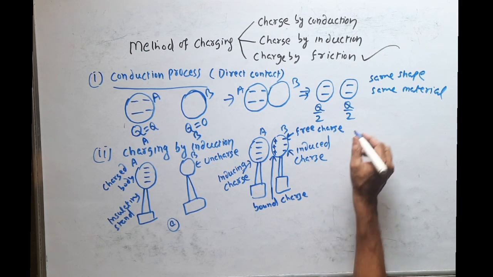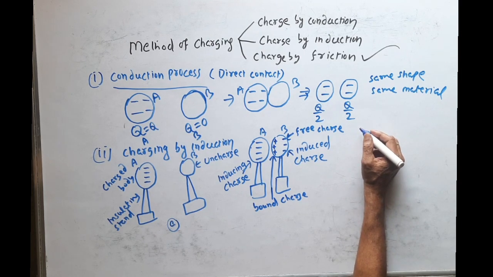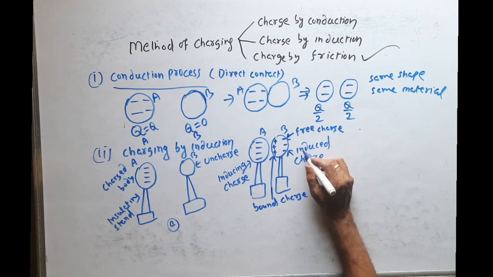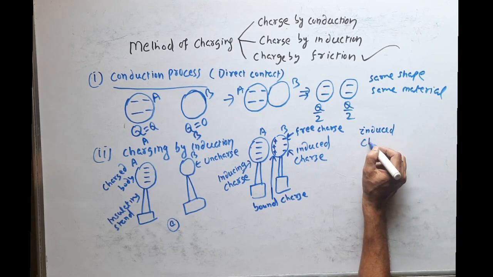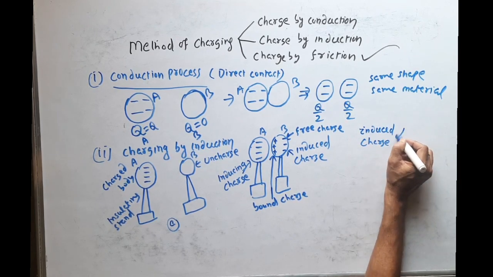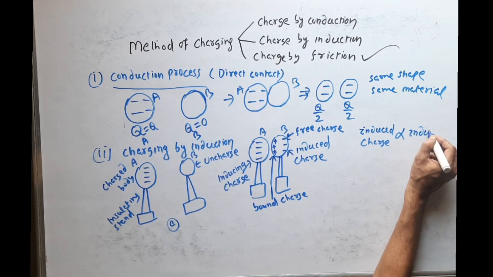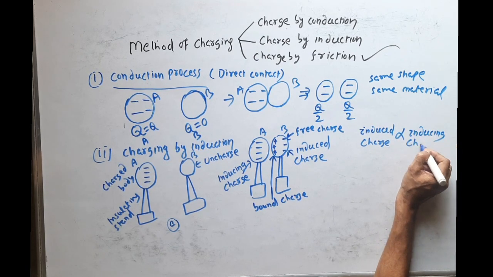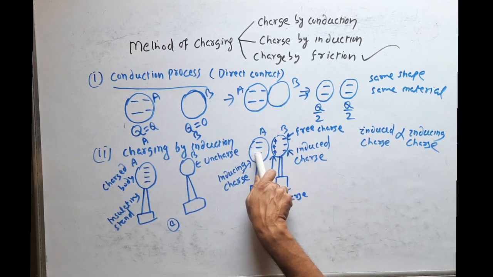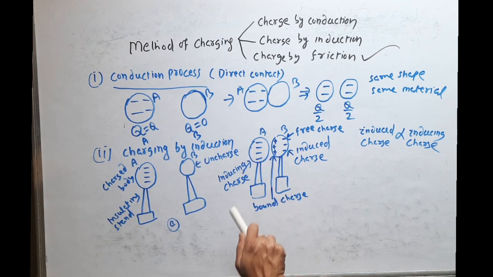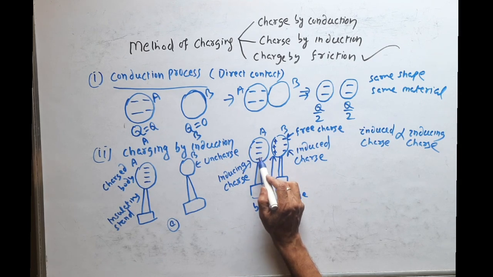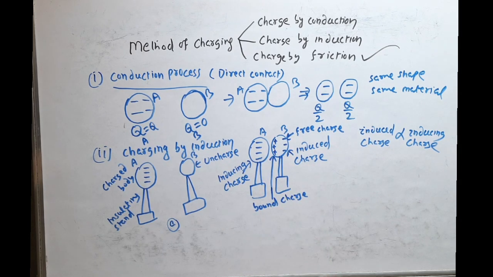There is a property that the value of induced charge is directly proportional to the amount of inducing charge. If inducing charge is more, induced charge is also more. If inducing charge is less, induced charge is also less.